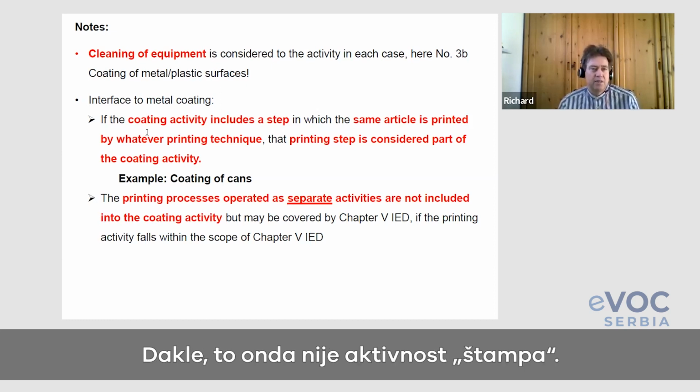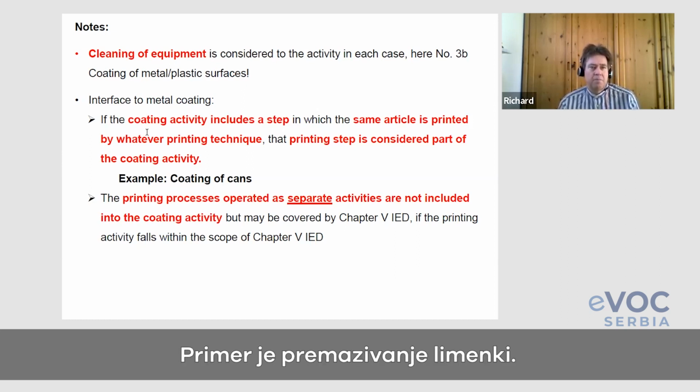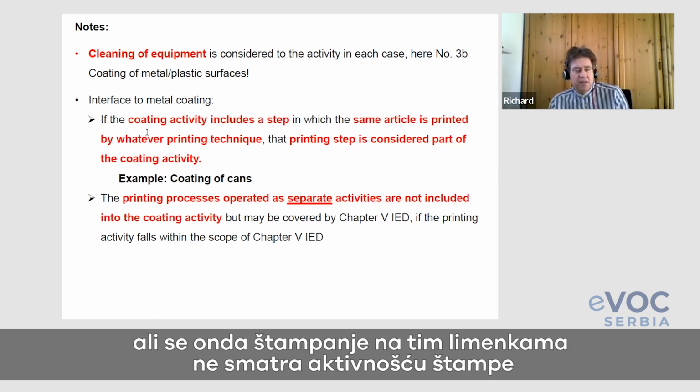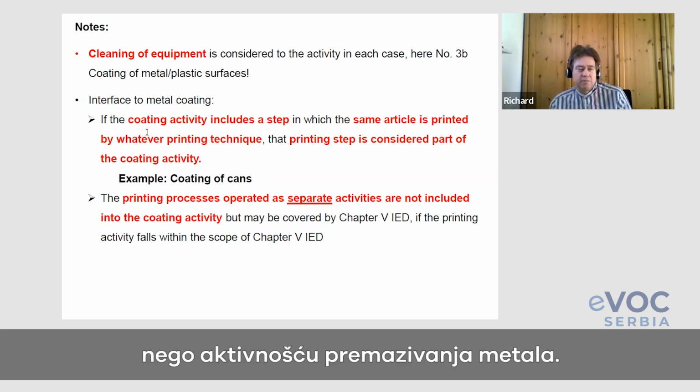But it is not under the activity printing. An example for that is the coating of cans. If you look at how a can is produced, you will find that they apply a printing technique for the coating. But the coating of that can, even though that printing technique has been used, is not then printing, but is metal coating.